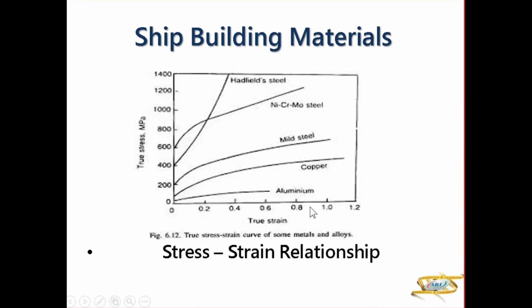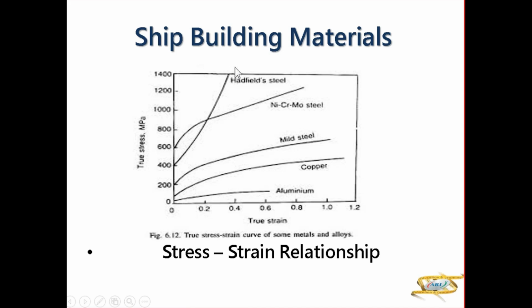Now here you have stress strain relationships of various materials. Aluminium you can stretch easily, not very tough, it's very soft, so you can pull it. Then you have copper, and mild steel has got more toughness. Then you have nickel, chromium, molybdenum steel, which you can say is stainless steel, much tougher. And then you have hard field steel, and you see that thing is increasing further up.